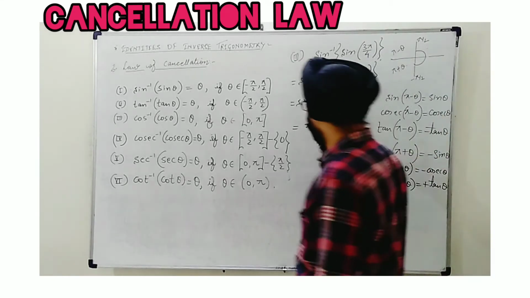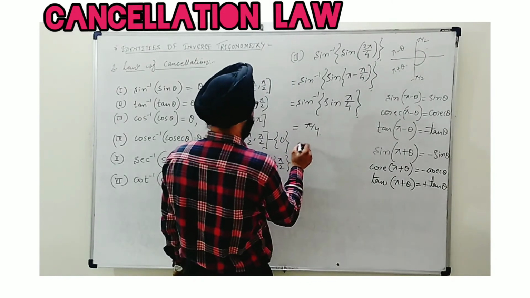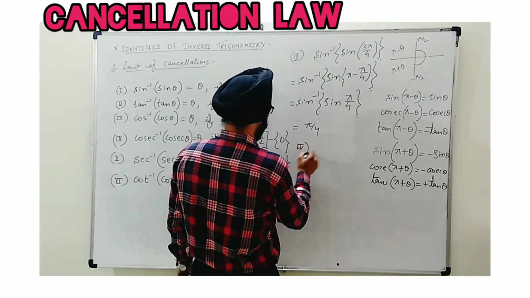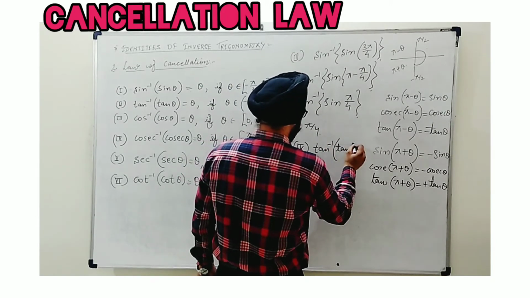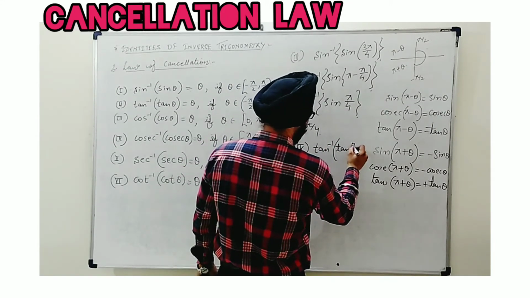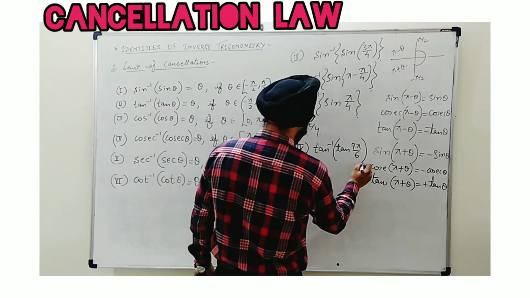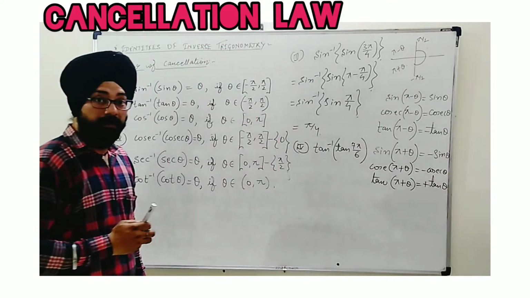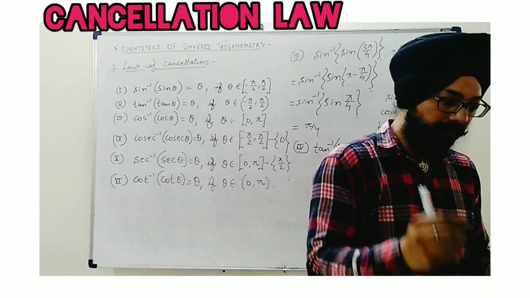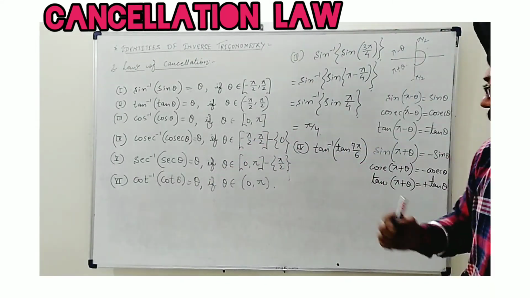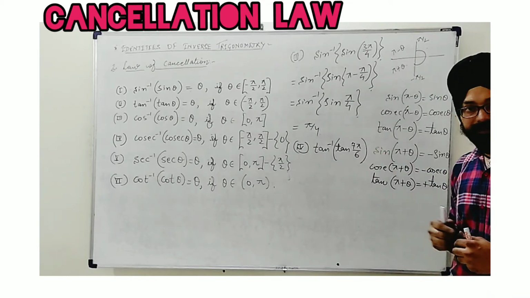Okay, one more example on this pattern I am writing. Fourth, like you are given tan inverse tan 7 pi by 6. 7 pi by 6, if you see, this is value from third quadrant, which is 210 degree.